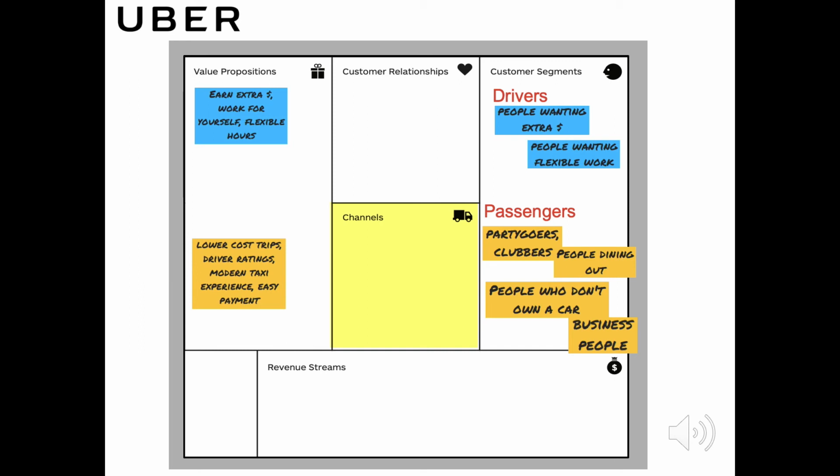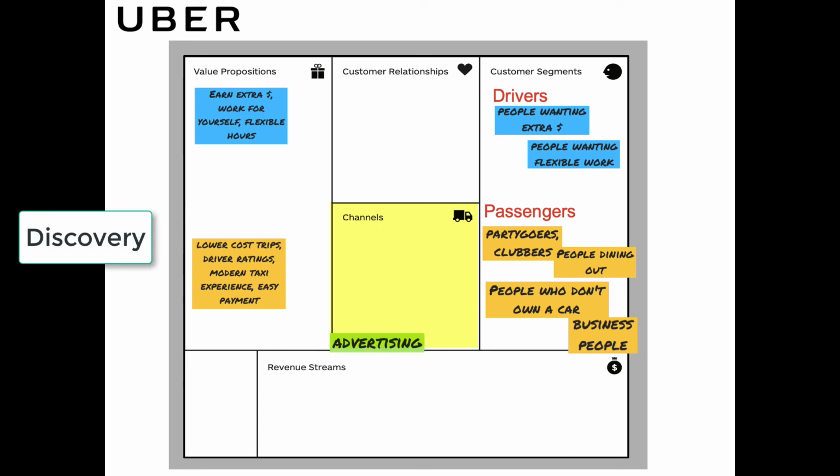Then if we look at the channels and we think about our 5 phases, discovery, evaluation, purchasing, delivery, and after sales. In terms of the discovery phase, advertising, word of mouth, and media and public relations are really key ways that Uber builds the discovery and awareness of their products and services.